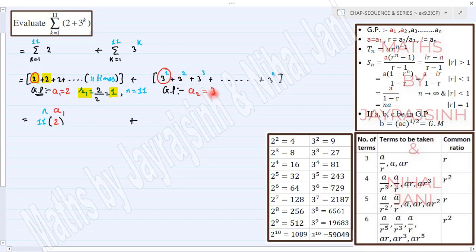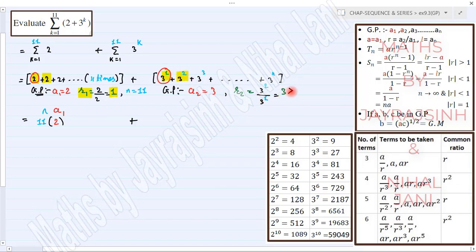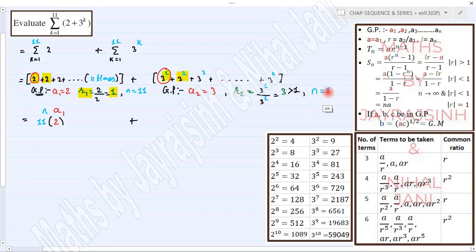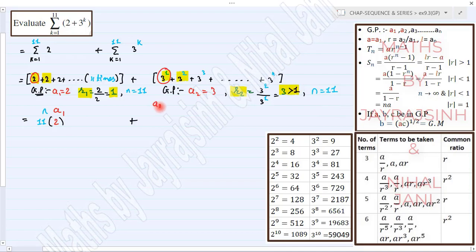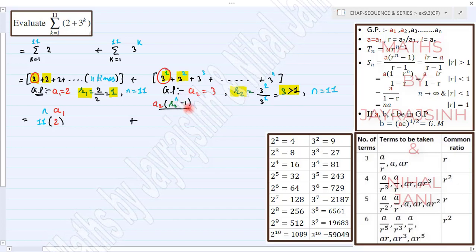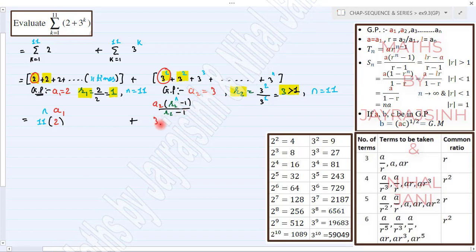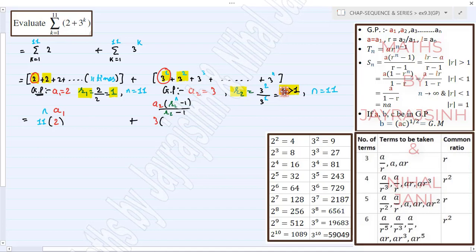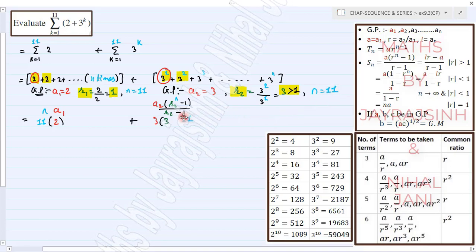Okay, now let's move to the second series, which is also in GP, having first term equal to 3 raised to 1, or we can say 3, and the common ratio of the second term and the first term is 3, which is greater than 1, and the number of terms is 11. So, for r greater than 1, the formula of summation is given by a into (r raised to n minus 1) upon (r minus 1), where a is 3, the common ratio is 3 and the number of terms is 11.